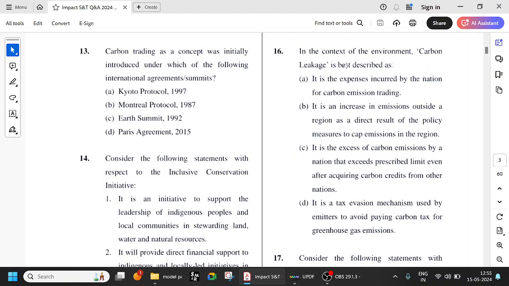So let us see what is the question. In the context of environment, carbon leakage is best described as an increase in emissions outside a region as a direct result of the policy measures to cap emissions in the region.